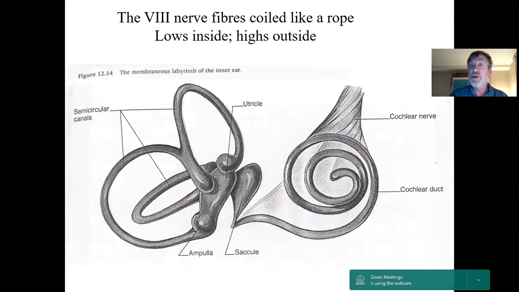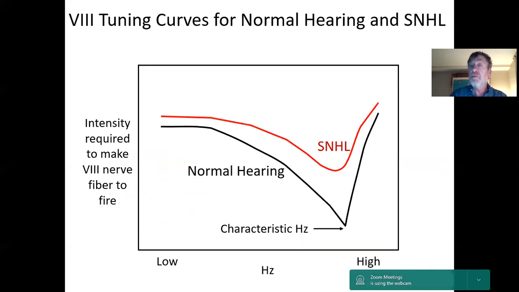So what happens to your tuning curves? They become elevated. More decibels are required to get that neuron fiber to fire, but they also become more rounded, just like the traveling wave did. And now more frequencies at that particular intensity can get that neuron fiber to fire.